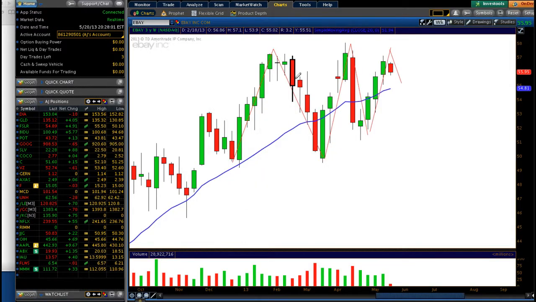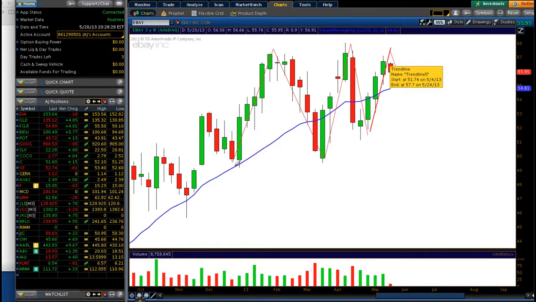This left pivot point here would be the left shoulder. The middle pivot point would be the head. Now here's the key, this is what you have to watch out for. Most of the time, the right shoulder, which is what we're seeing right here, will be lower than the head.